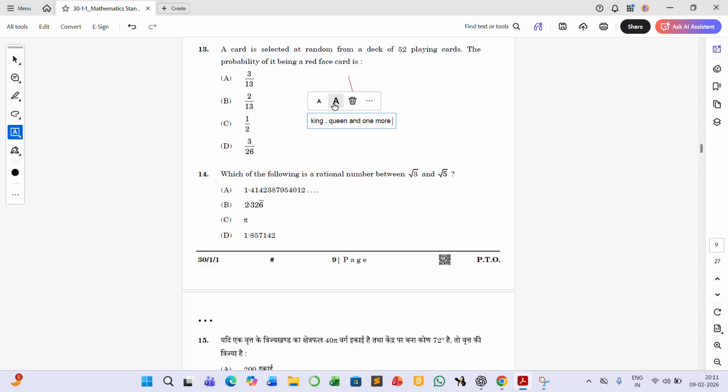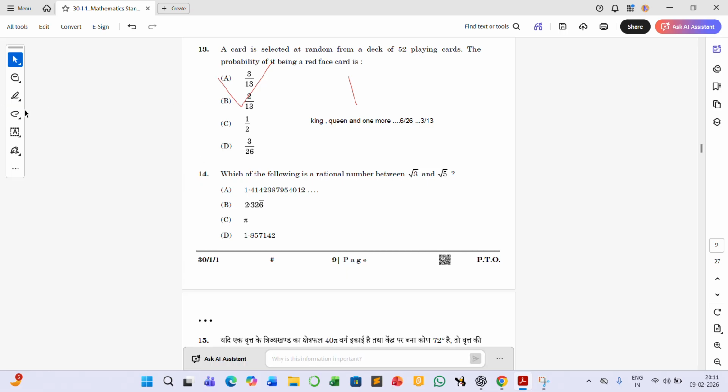So we have three face cards in each group of 13. So total red face cards must be 6 upon 26, because there are 26 red cards and 3 in each group of 13. We cut both sides, so the answer is 3 upon 13.